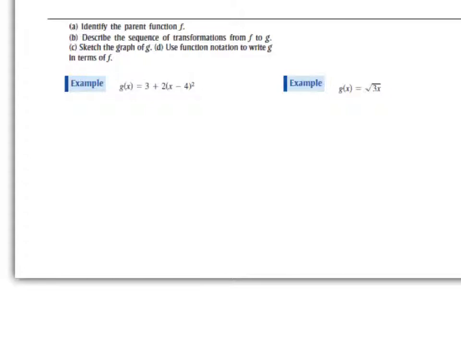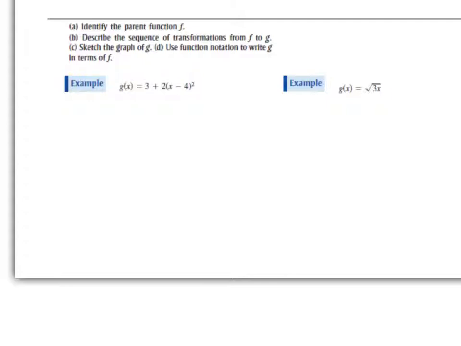Now the 2 here is happening outside the parent function, so that's going to be a vertical stretch of 2. So vertically my graph is going to get taller. And then the last thing that's going to happen is a vertical shift going up 3.